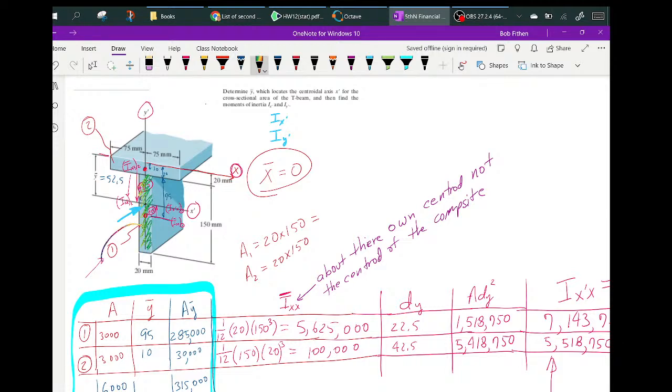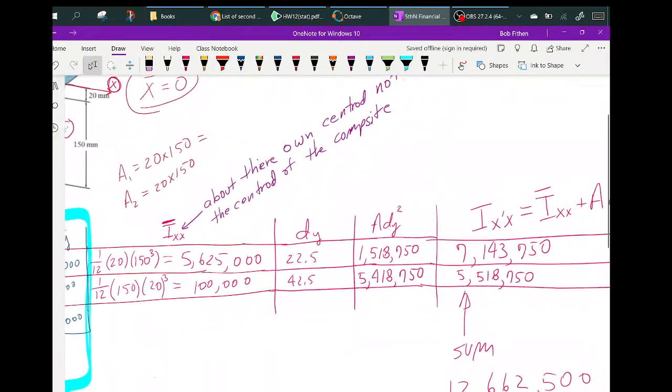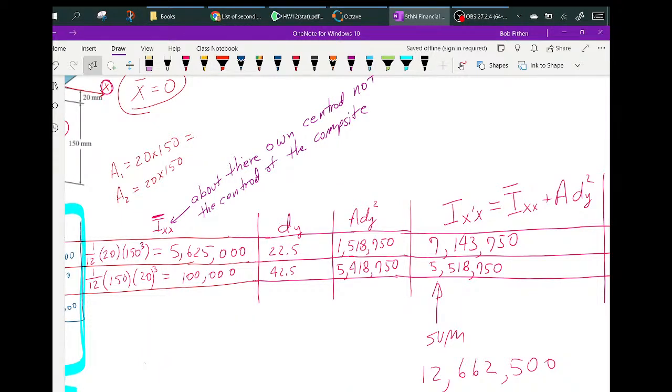This is area 1, goes in this row, goes all the way down to here, and we're okay there. Area 2 is at 42, so it says 42. It's this area, area 2, row 2, and it's 42. So I think I'm okay there. Now, the areas are both 3,000. Let me see. Move up.